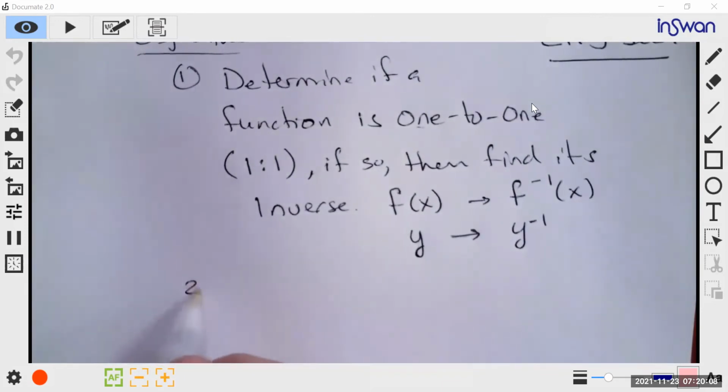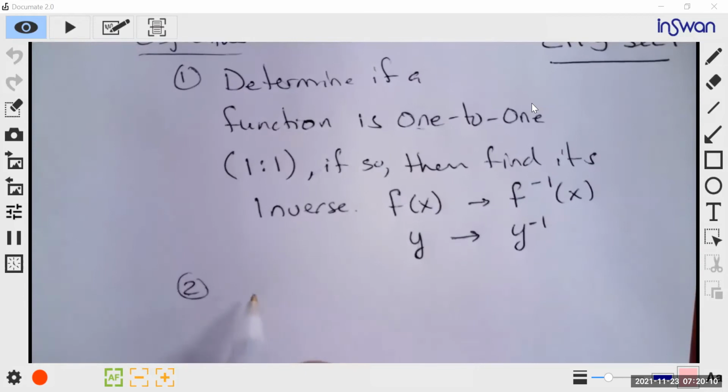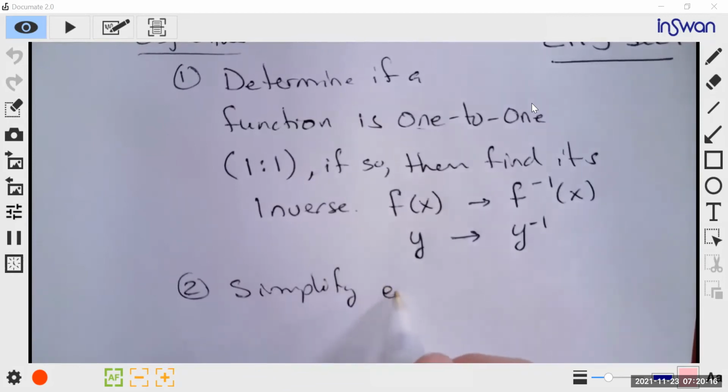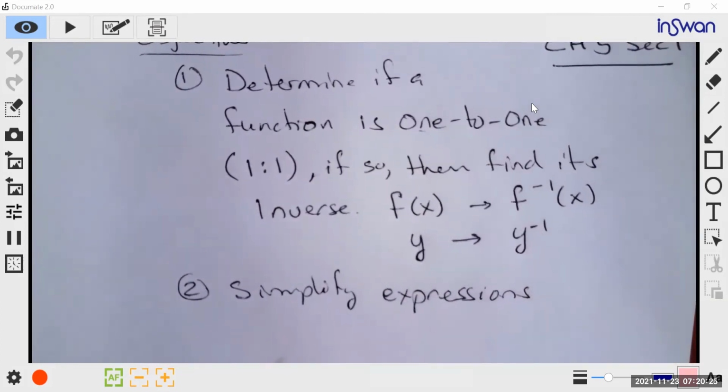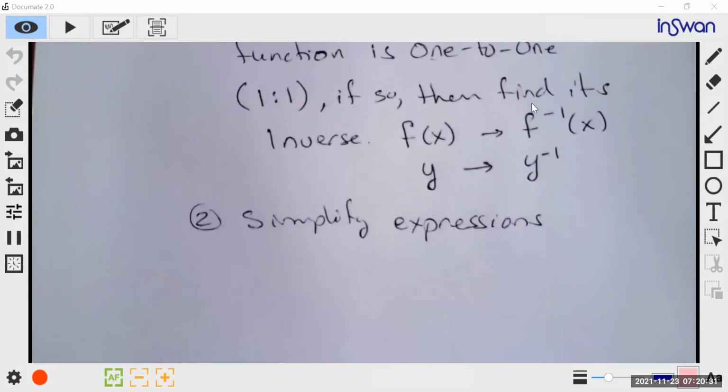The next thing we're going to talk about is we're going to simplify expressions. In chapter 2, section 3, we covered the first part of this.